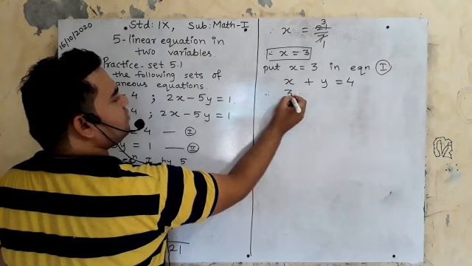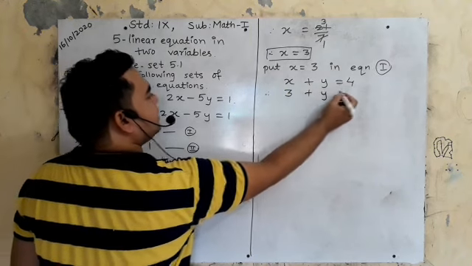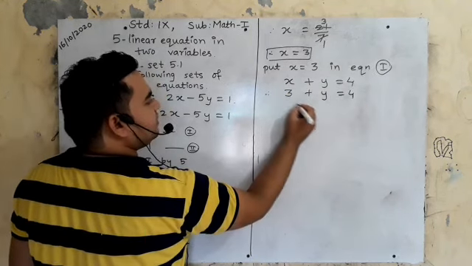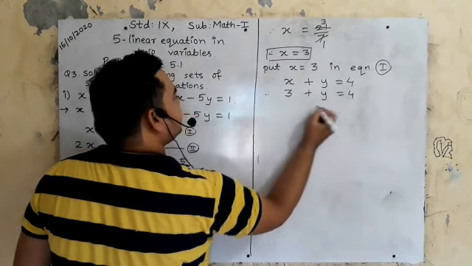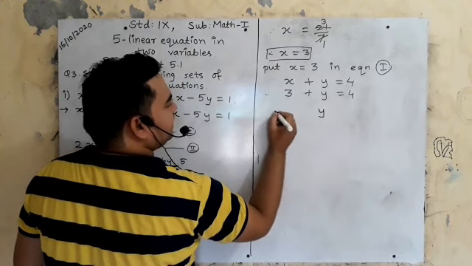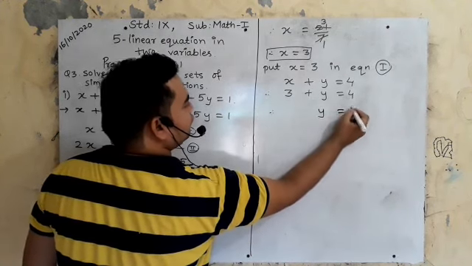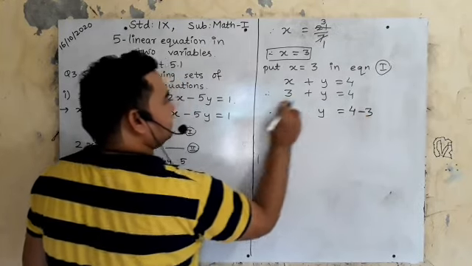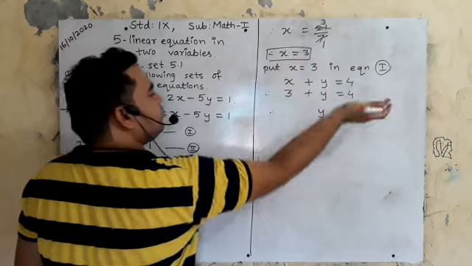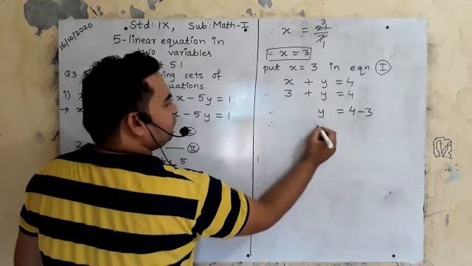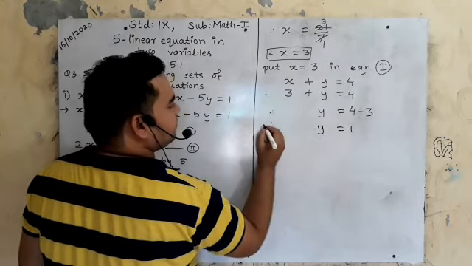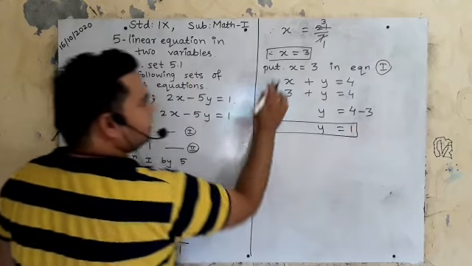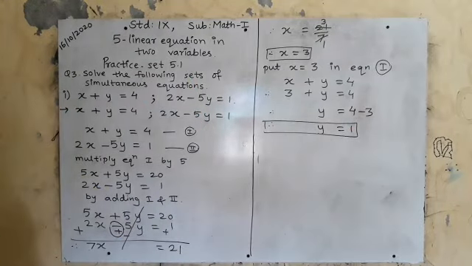The x value you got is 3, the other stays as it is. This 3 will go to the right hand side and be subtracted. So y is equals to 4 minus 3. Therefore y is equals to 1.